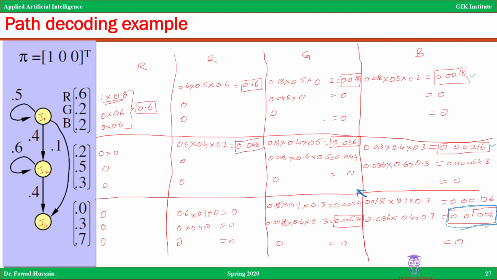If I look here, this comes from the first jar, so I'm going to make an arrow here, and then this all comes from the first jar, so I'm going to make an arrow here. So what is the most probable path? If I look at this, I'm coming from here, then this, then this, and then this. So the most probable path, let's write it here.